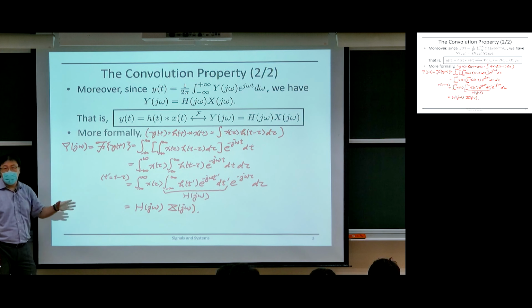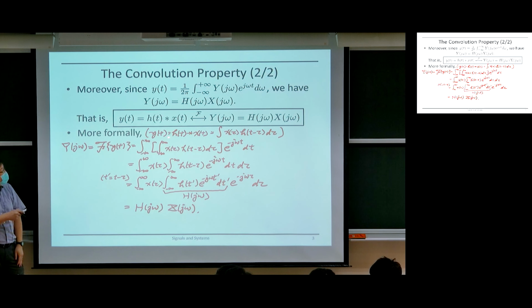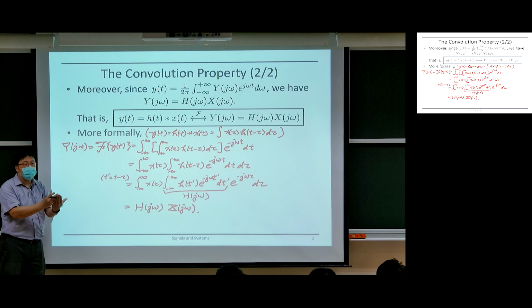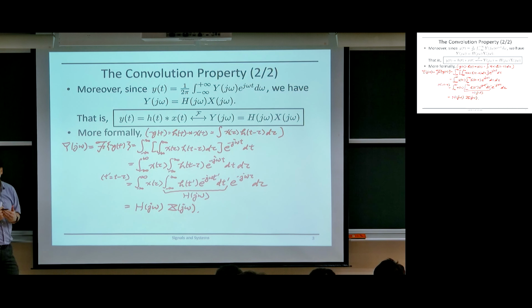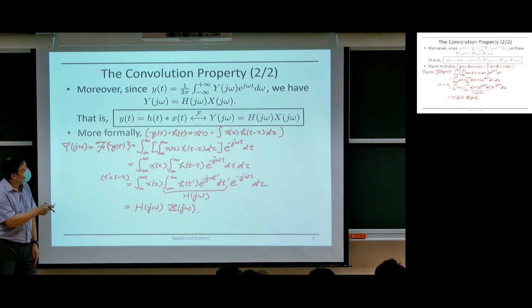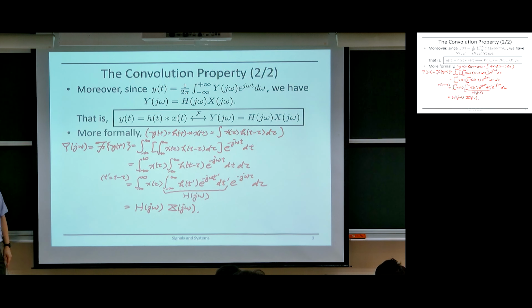So now you're capable of first converting this to the frequency domain, performing the multiplication, and then transforming it back. And that is often much easier than computing the convolution directly. We actually have an example of that, but I'll leave that for next time.